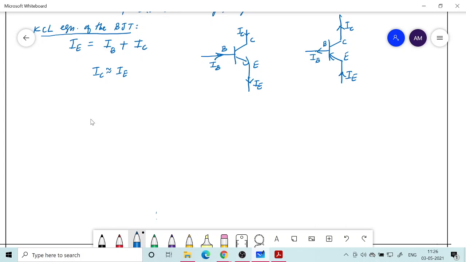But I will just show you the way in which we proceed. So, the derivation of the collector current magnitude: what is the collector current?